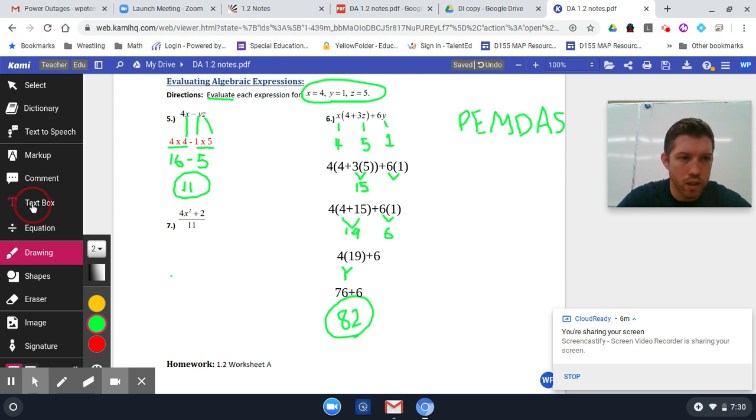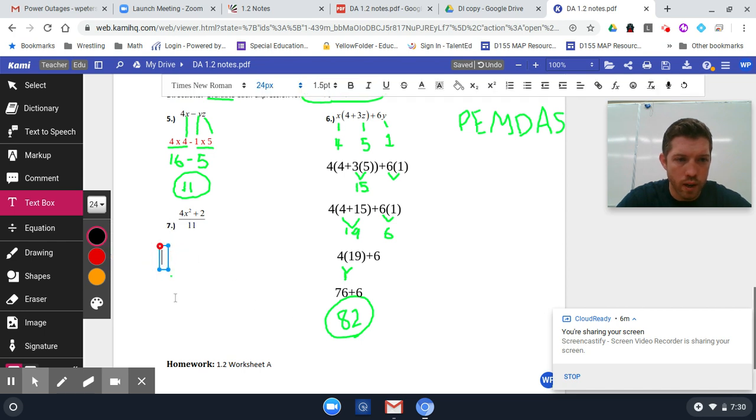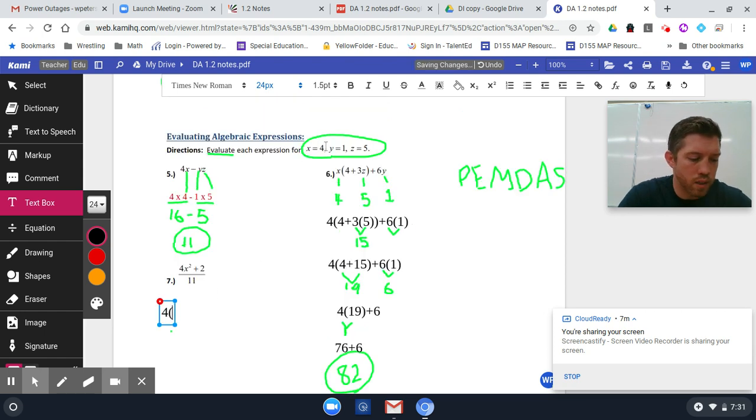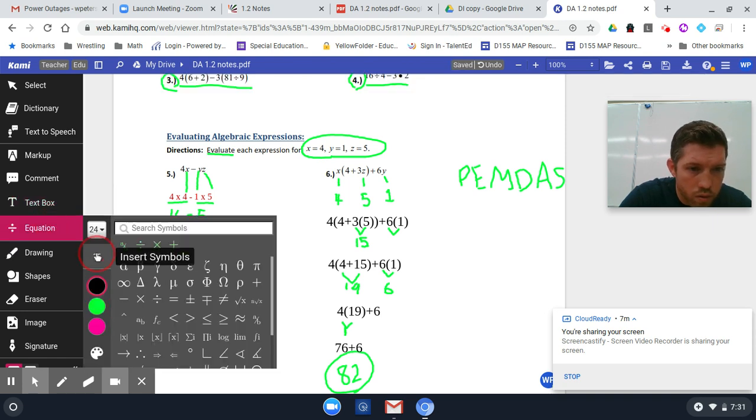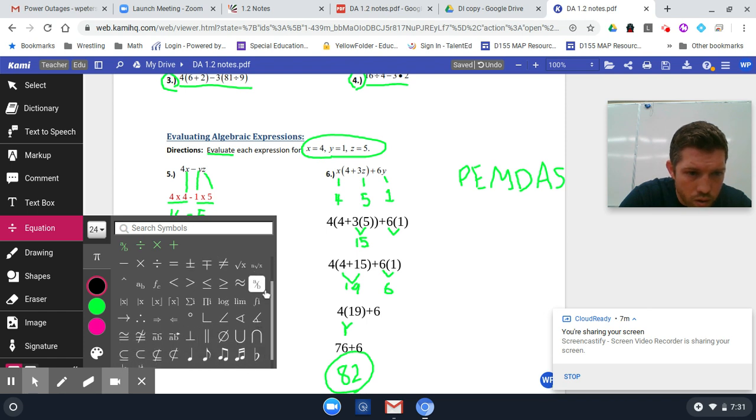I'm going to rewrite just the top right here as 4, and then parentheses, and then I have to plug in that 4, because x equals 4. And that is squared. So I'm going to use this little caret to show the second power. Actually, I might be able to use the equation key too, and you guys will find different ways to do this.